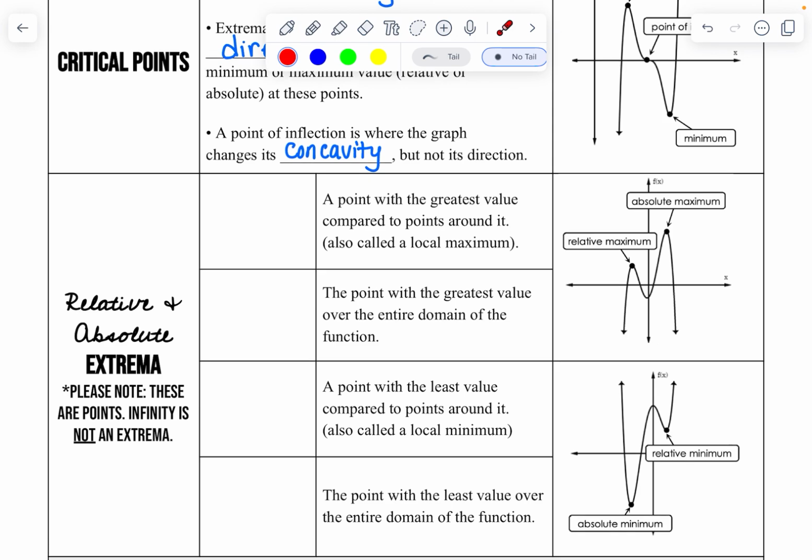So a point with the greatest value compared to the points around it is called a maximum value. Also called a local maximum. You can have a relative maximum or an absolute maximum. And the point with the greatest value over the entire domain of the function is the absolute maximum.